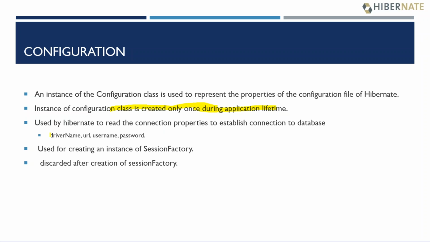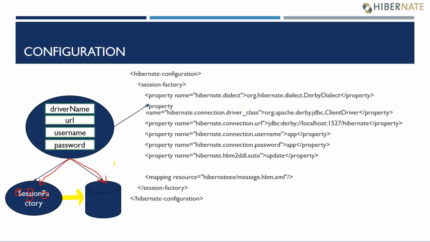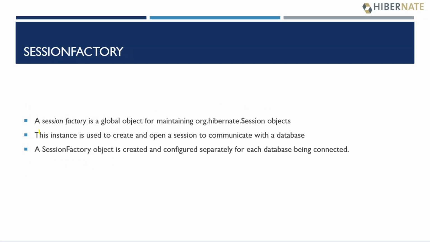It will have the driver name, URL, username, and the password that is used for establishing the connection. This configuration object is used by the session factory and discarded after the creation of the session factory. Once this object is created and used, it is discarded.